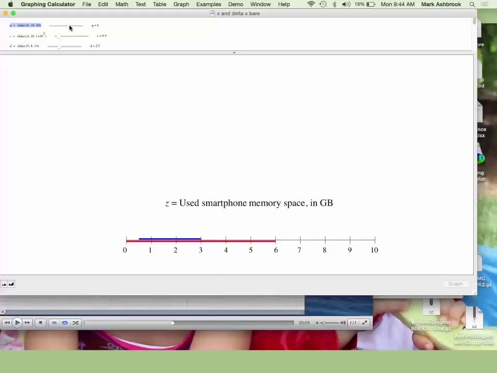Okay, so now here's a scenario. The red is still the current value of memory space used in gigabytes, and the blue is still the change in the memory space in gigabytes.